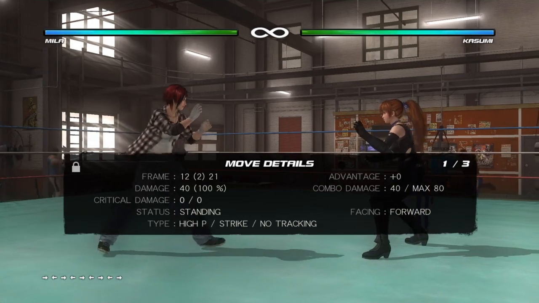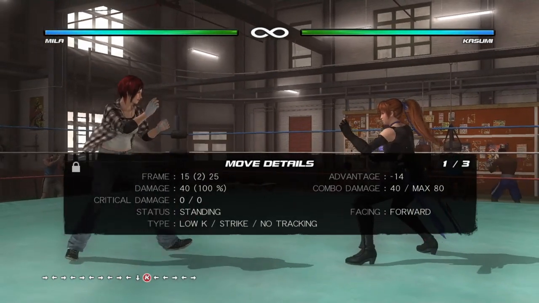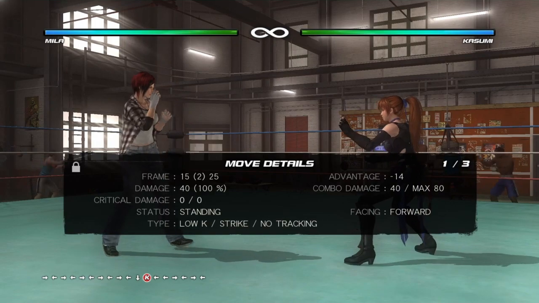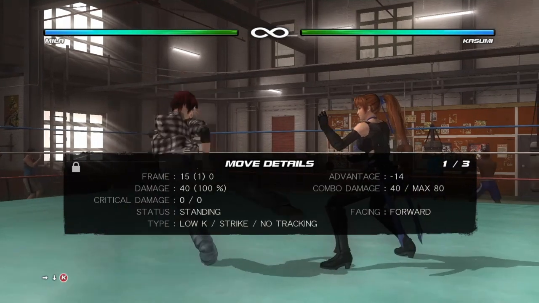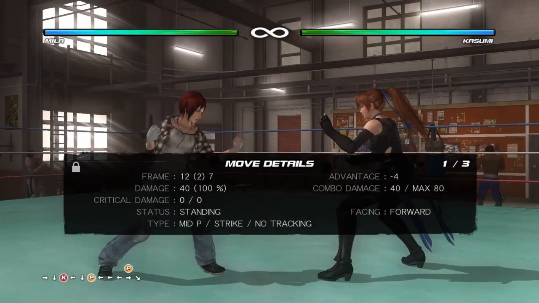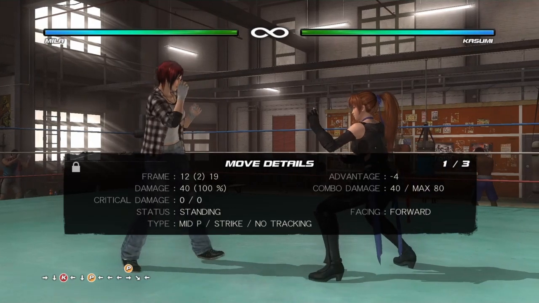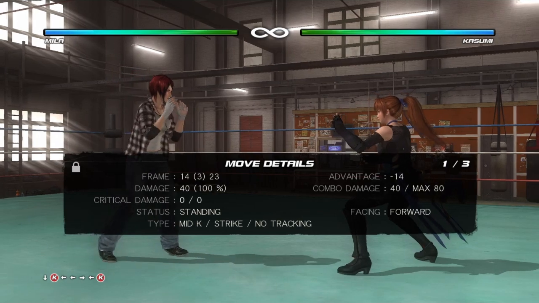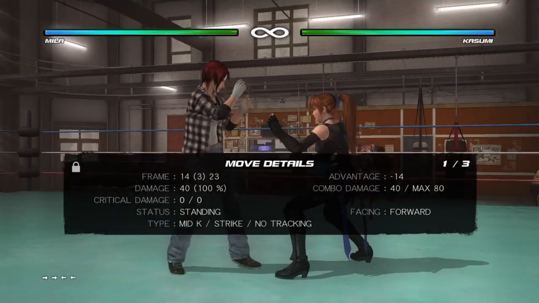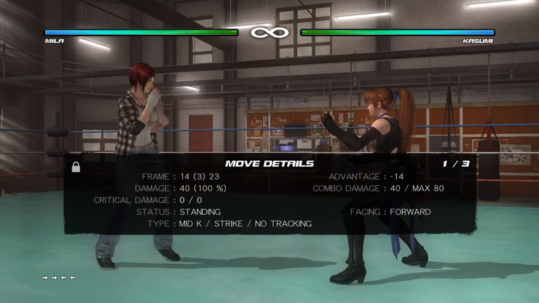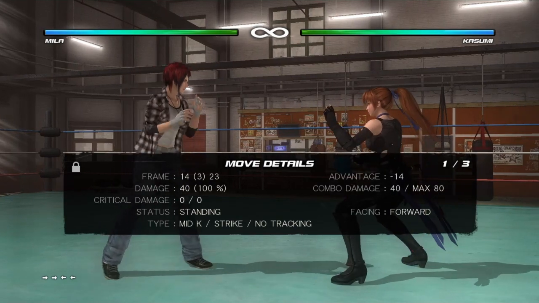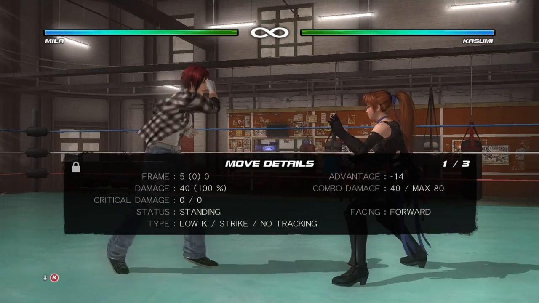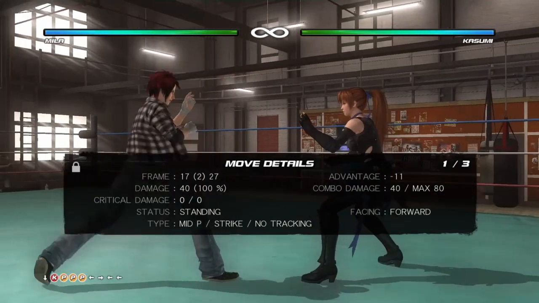You usually want to control the space around the opponent. In this case, Mila wants to control what the opponent wants to do. Basically, what the character is saying is, I don't mind you blocking this because I have something else in there for you.